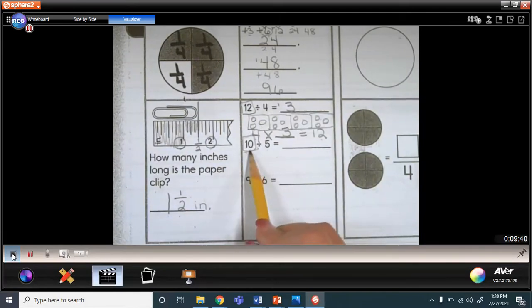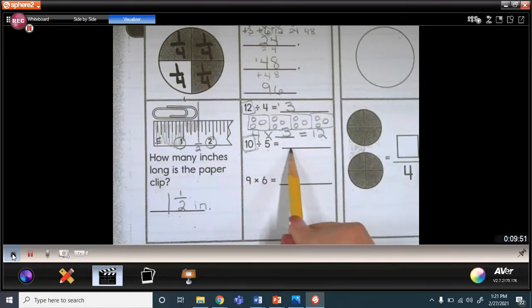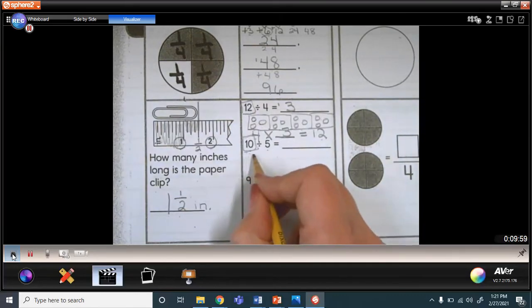So if I have 10 pieces of paper and I put 5 pieces of paper in each group, how many groups am I going to have, or how many paper clips am I going to need for my groups of paper?